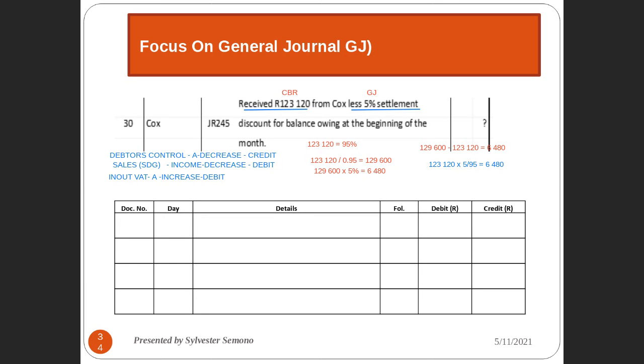Now we are ready for action. Please tell me what to do. I'm going to put this JR 245 and then I'm going to put the day, which will be the 30th. Please tell me which account to start with.